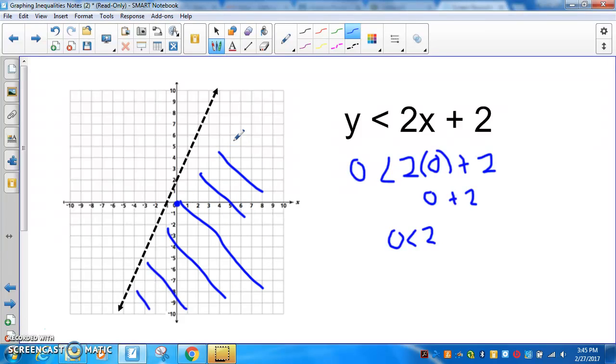Now, I do want to point out that it is impossible for one thing on this side of the line to work, and then another thing, let's say 2, 1, not to work. That's not going to be the case, because this line right here is the dividing line. This line tells us when these two things are exactly equal.